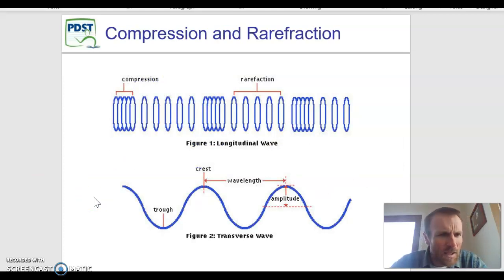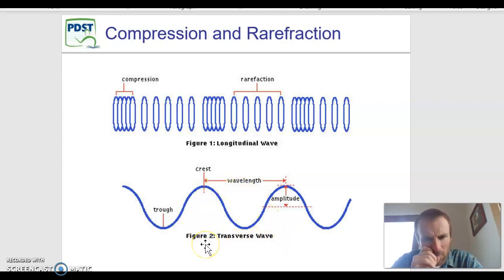Moving on and thinking more about mechanical waves, we want to talk about the anatomy of the wave. I bet you guys are familiar with this. Let's look at the bottom wave first because this is an easier picture to understand. So we draw this up and down wave motion, and we can describe some of the parts of a wave.